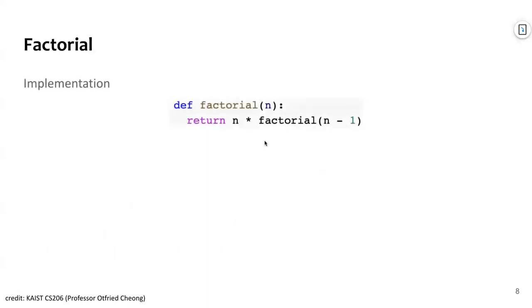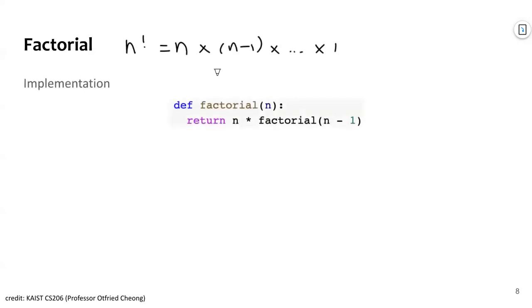So let's implement factorial. So what is factorial? N factorial is simply n times n minus 1 times, and so on, until we reach 1, right? So this is a simple operation.